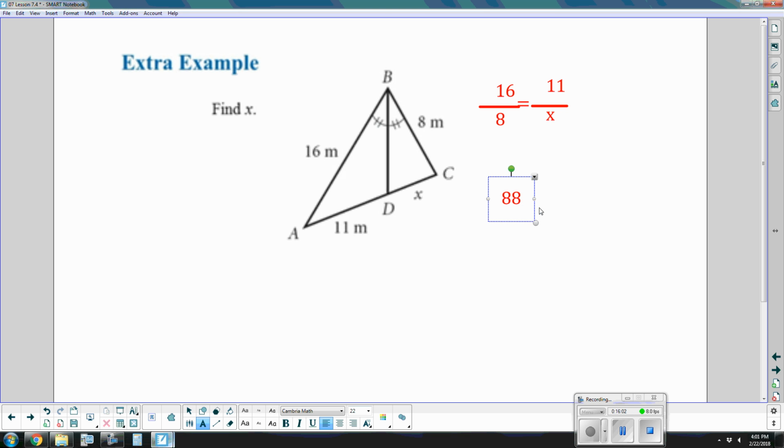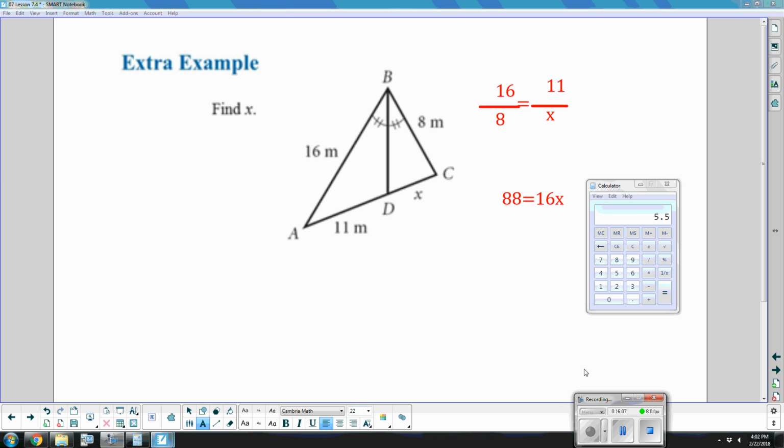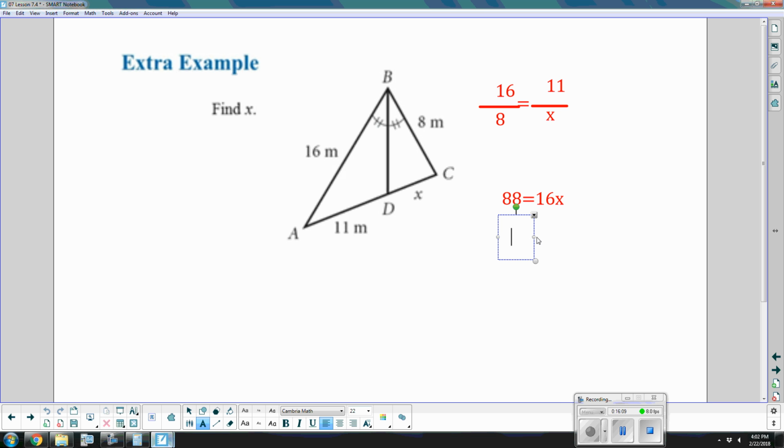So when we multiply this out, we get 88 equals 16x. And then 88 divided by 16 to solve for x is 5.5. So this segment here, x, is equal to 5.5 meters.